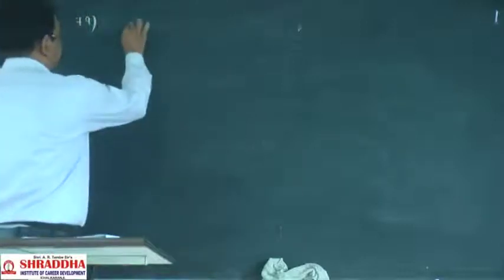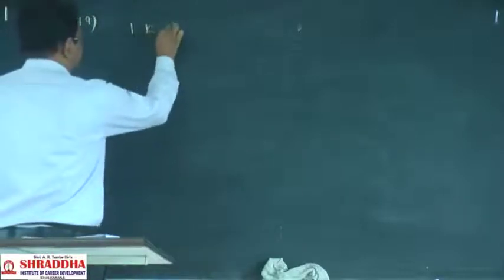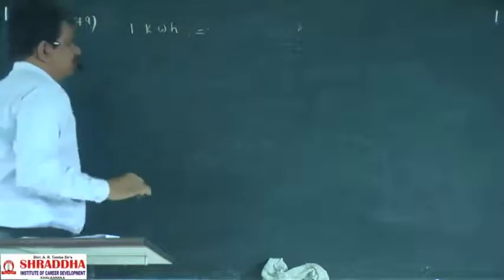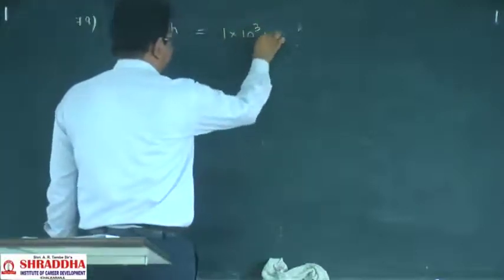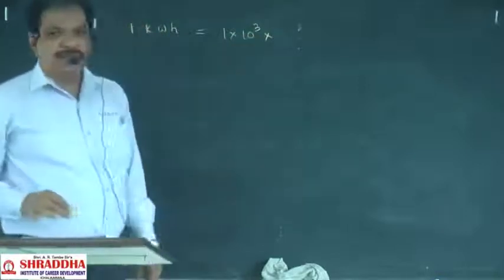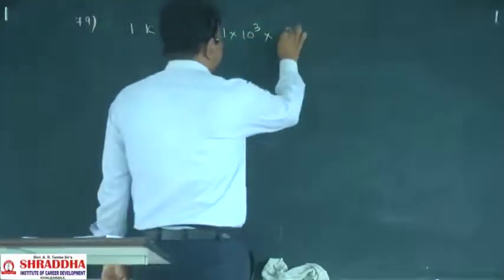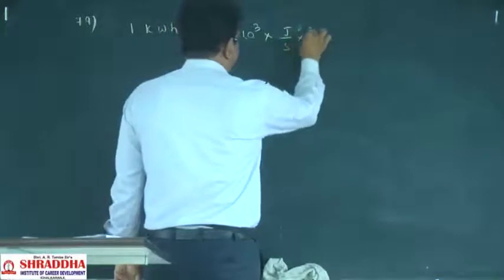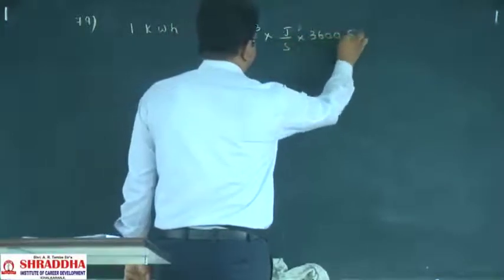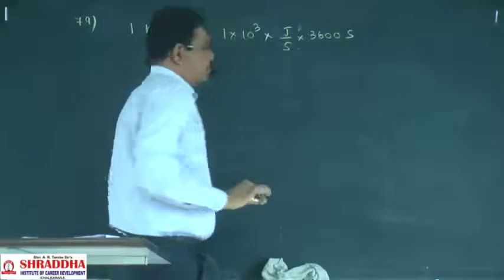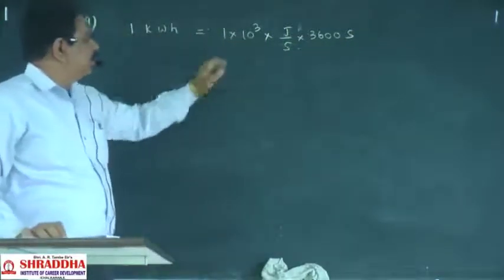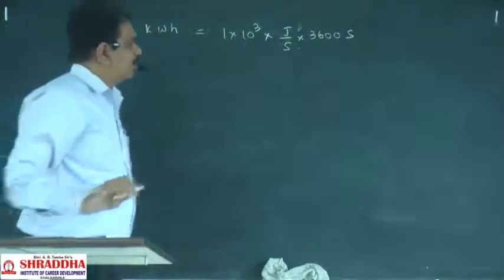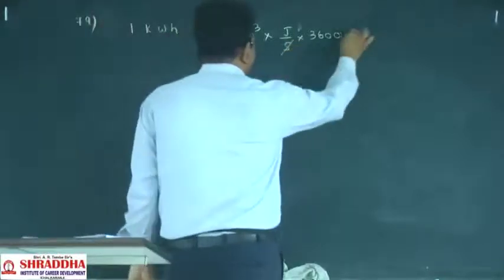So 1 kilowatt hour. 1 kilo means 10 cube. Watt means joule per second. Hour means 3600 seconds. So 1 into 10 cube, watt means joule per second, hour means 3600.